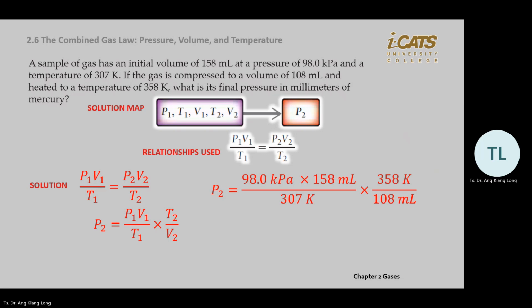We cancel all the similar units. P2 will be 167 kilopascal. You convert this kilopascal into atm, then to mercury. So far, nothing complex.